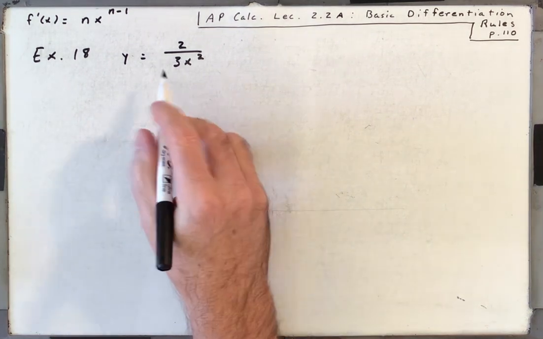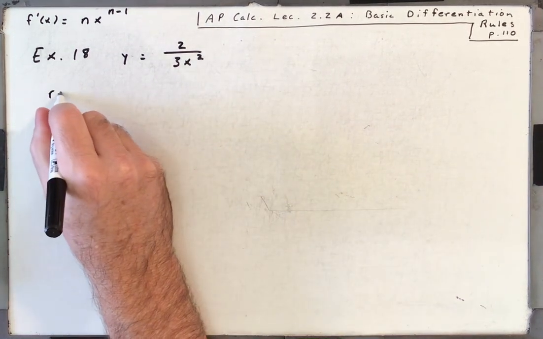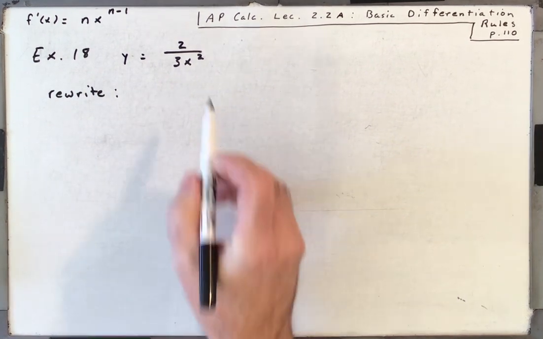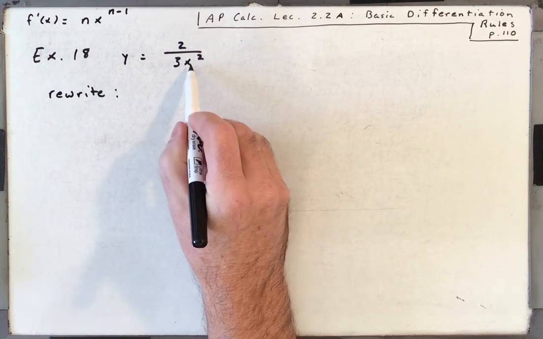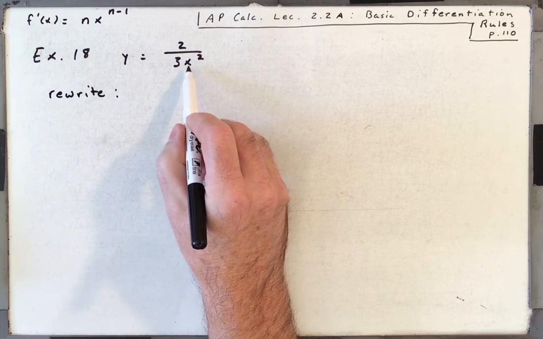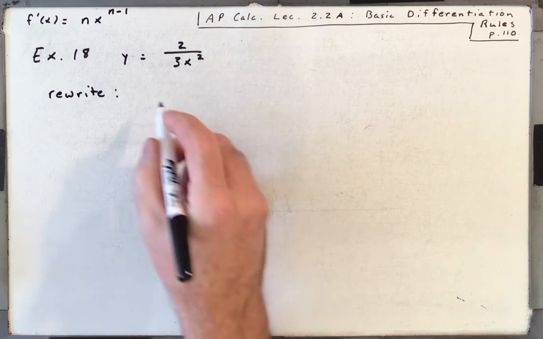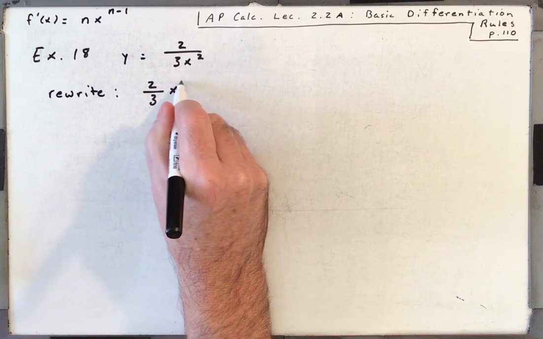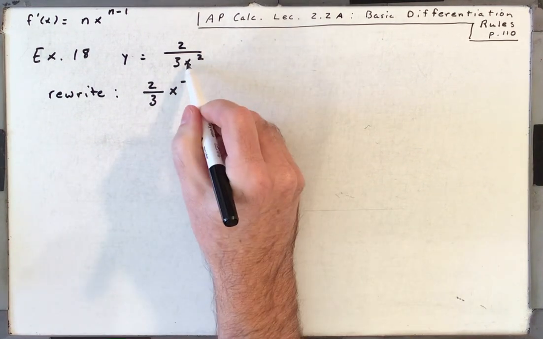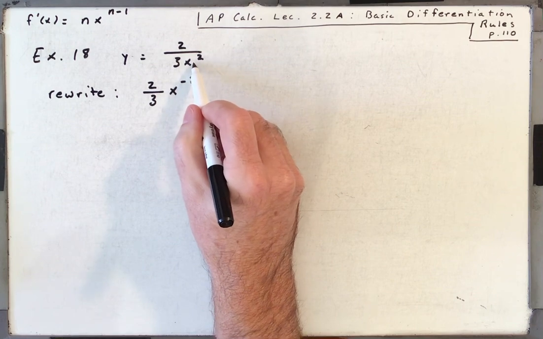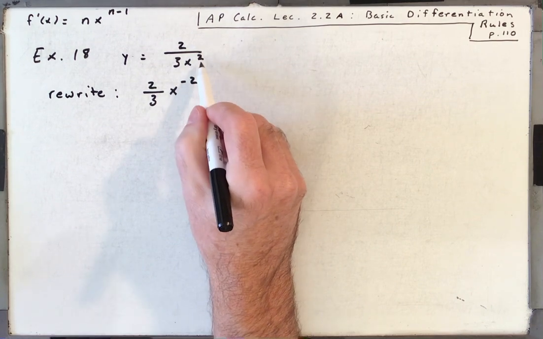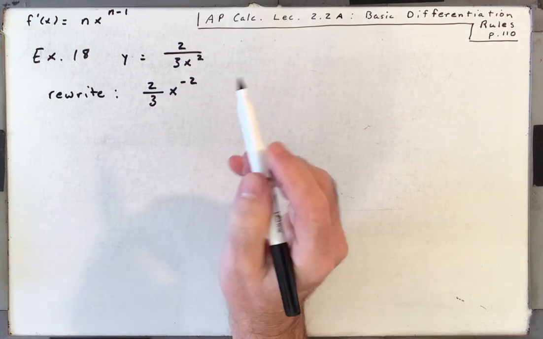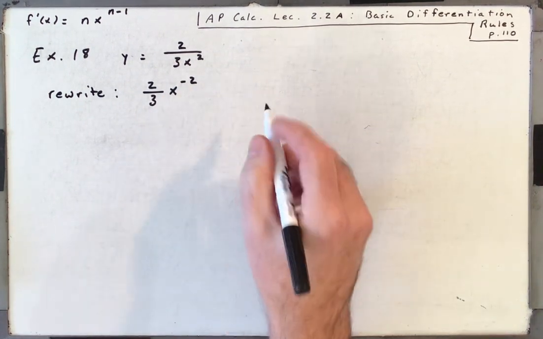Now, what we want to do is rewrite this, because the x squared is in the denominator, and we don't know the rule for that yet. So I'm going to rewrite this as 2/3 times x to the minus 2. Remember, we can bring that x squared up top if we make the exponent negative. These two are the exact same thing. Now we can use the power rule.